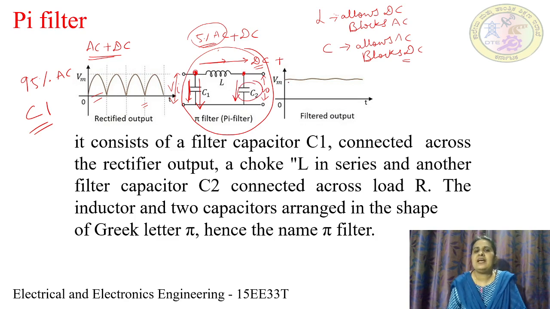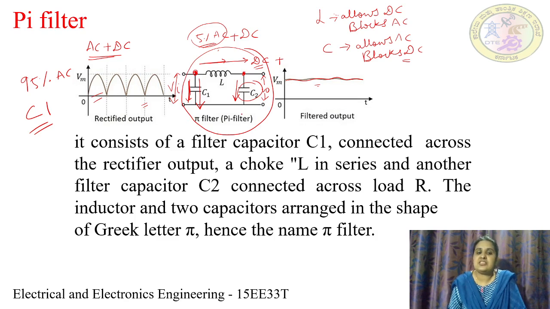Hence, as compared to the previous waveform, this waveform is a bit smooth. So here the ripple factor is very less. Almost, because of the pi configuration, we have reduced the content of the ripple.